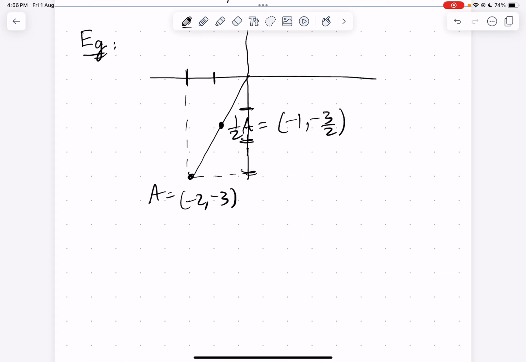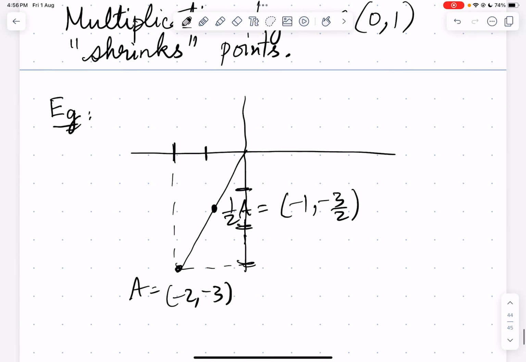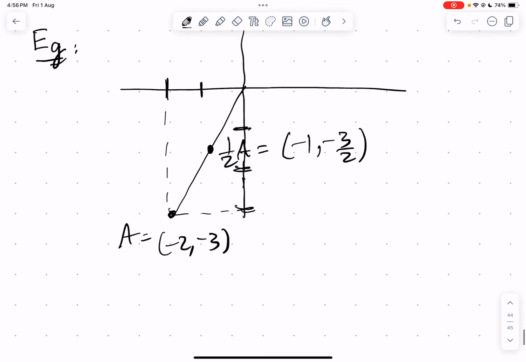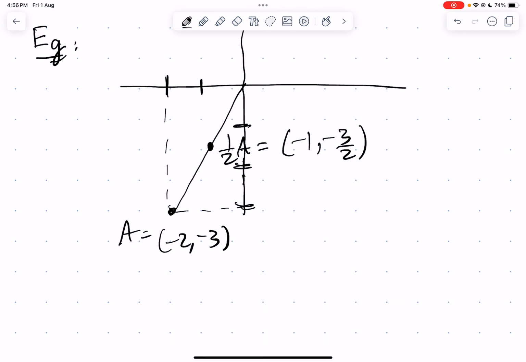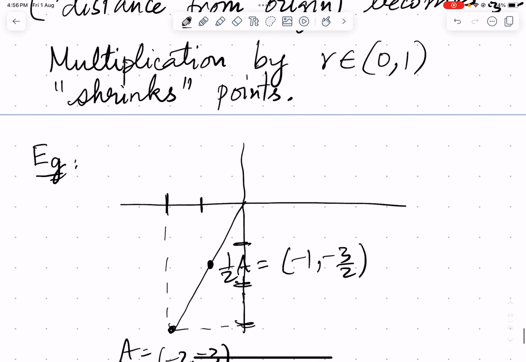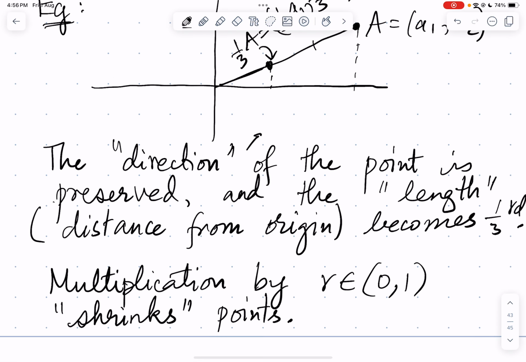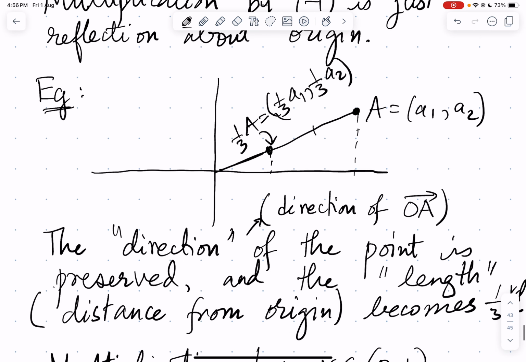Both coordinates have become half of their original versions. The distance from the origin has become half of the original distance, and the direction of the point, so to speak, has been preserved. I mean the direction of OA, this vector, this directed line segment.